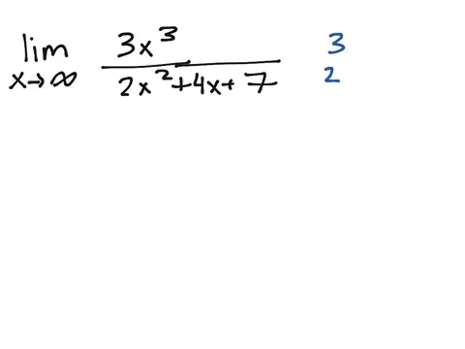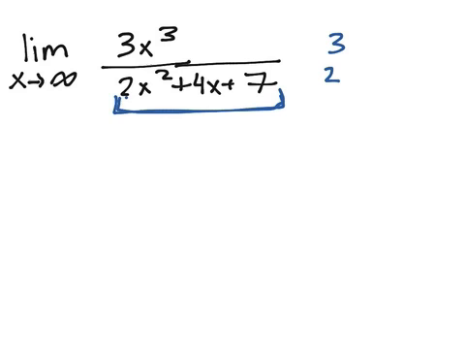So because x is approaching infinity, as we get closer and closer to infinity, this 3x cubed term is going to be much larger than all of these terms combined, because x cubed grows much faster than x squared and x and just that 7.